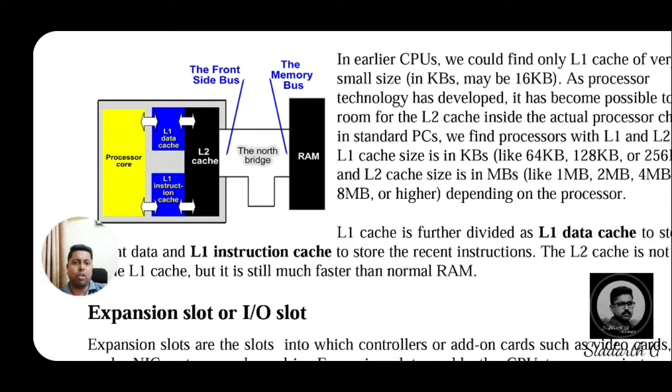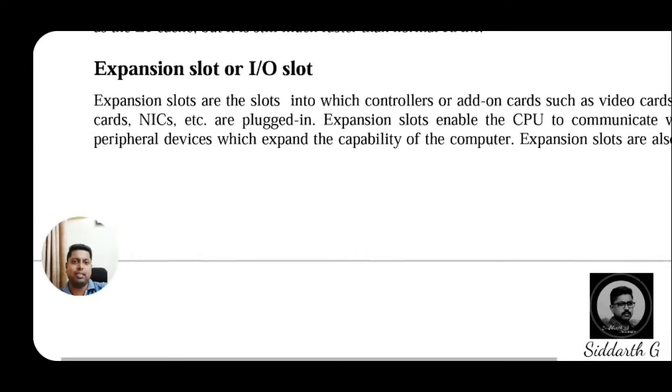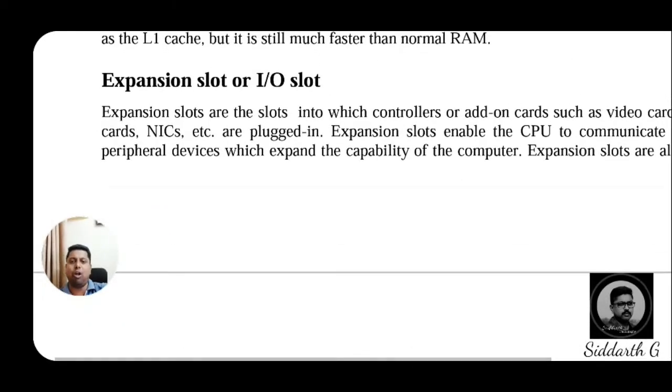Then moving to one more component of the motherboard, that is expansion IO slots or expansion slots. Dear students, we usually use these expansion slots to connect external devices to the computer. Expansion slots are the slots to which we connect add-on cards, extra cards, if we need them.